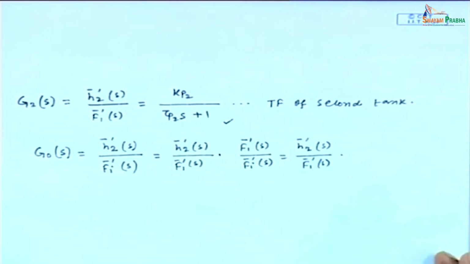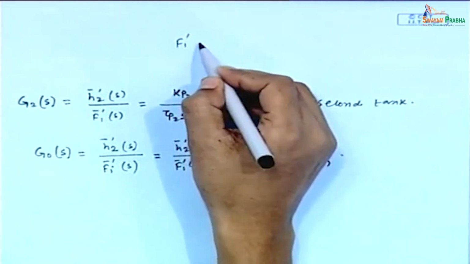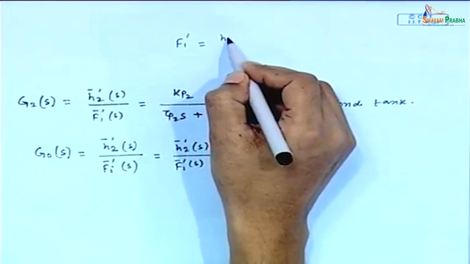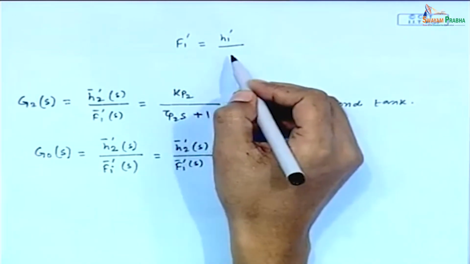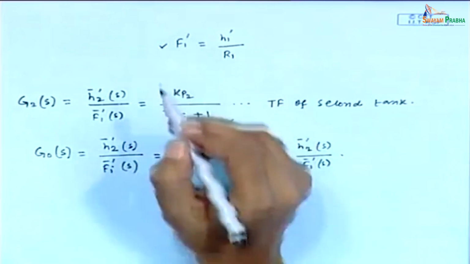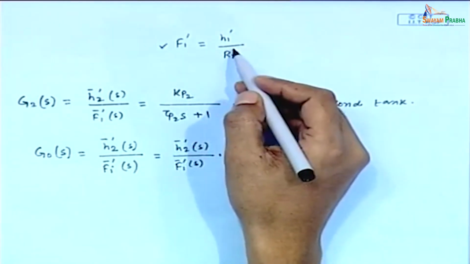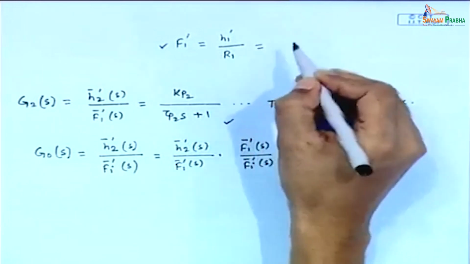And what is F1 bar prime(s)? We know F1 bar equals H1 bar divided by R1. For the tank 1, we have considered this correlation: F1 bar equals H1 bar divided by R1.